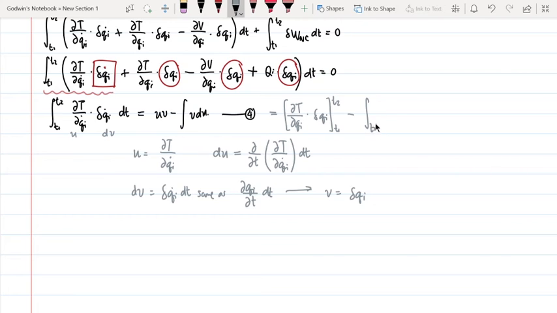Integral from t1 to t2 of v du, v, this thing, may ako na isulat before the end, time derivative of partial derivative of kinetic energy with respect to velocity, and then dt, right?